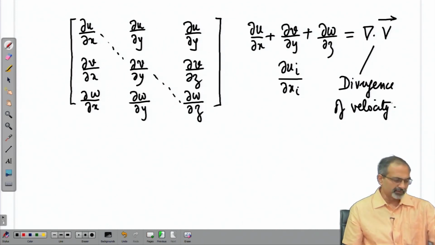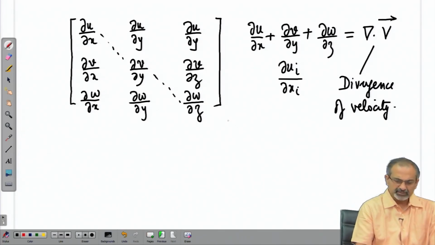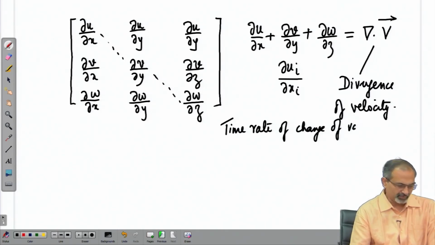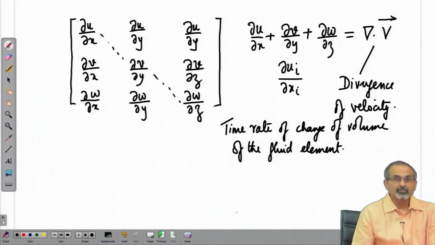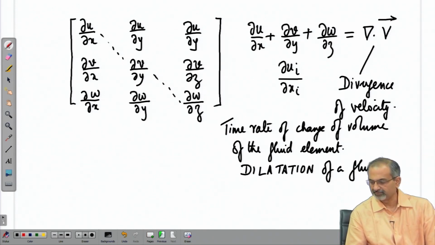So, how do we define divergence through its physics? Divergence of the velocity gives us the time rate of change of volume of the fluid element. This is also called the dilatation of a fluid element.